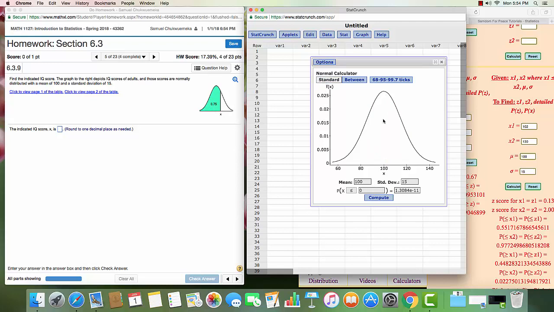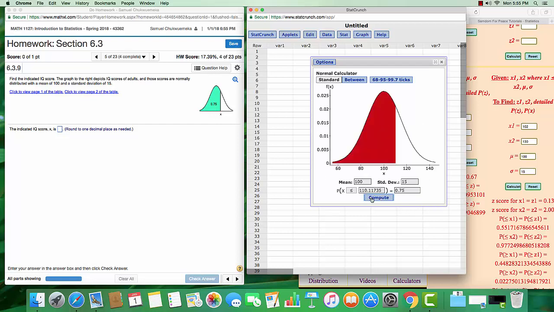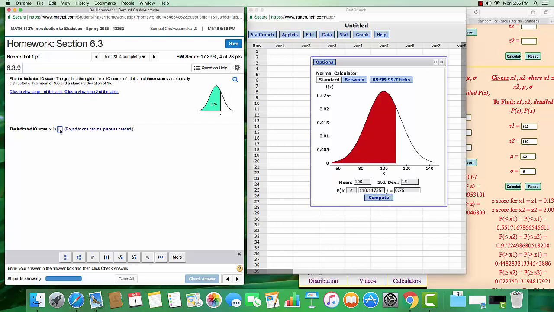Go to standard, and the mean is 100, the standard deviation is 15. So they're asking for the x in this case, and this is the left, so you leave it as less than or equal to. And they gave you the probability already, which is the area. So you put 0.75, and you can press compute or you press enter key. It doesn't matter. Okay. So to 1 decimal place, this is 110.1.